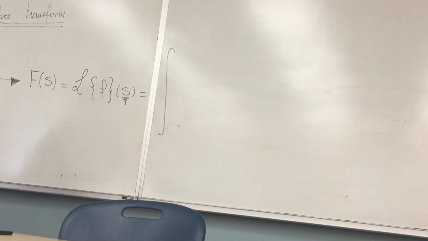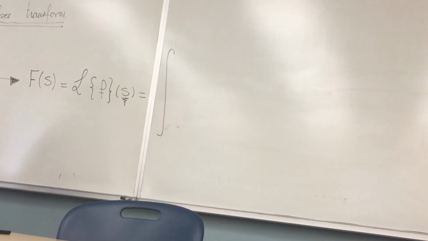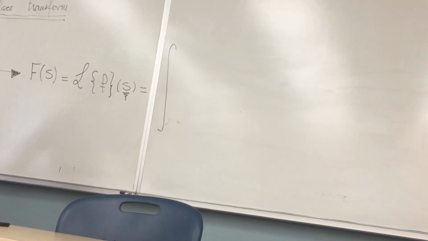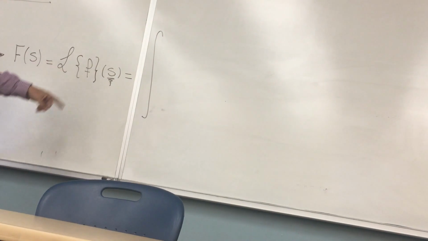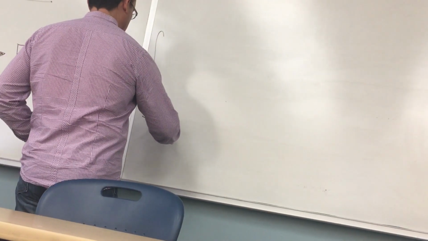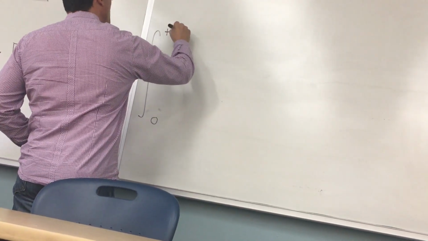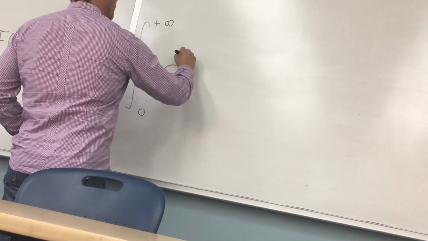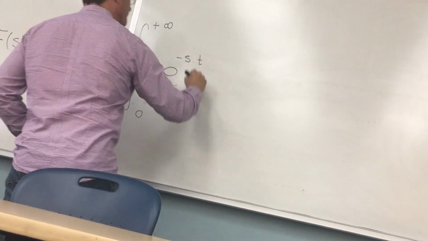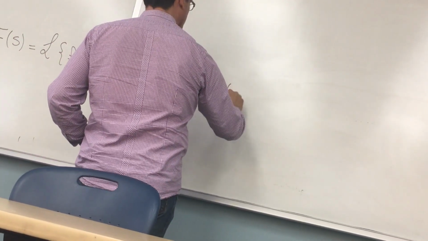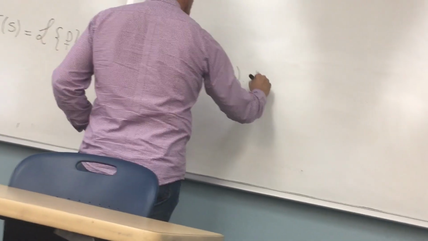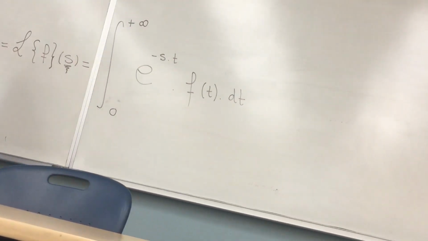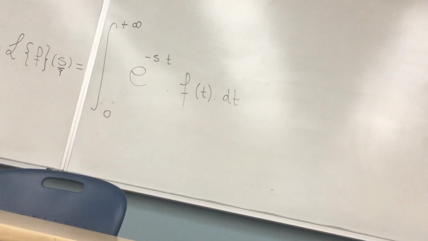The so-called, remember those improper integrals? Improper integrals, there were different types. This one here that we're going to use to define the Laplace transform is going to be one of those for which the upper limit is plus infinity. And where are we going to integrate this? That's the basic definition of the Laplace transform.